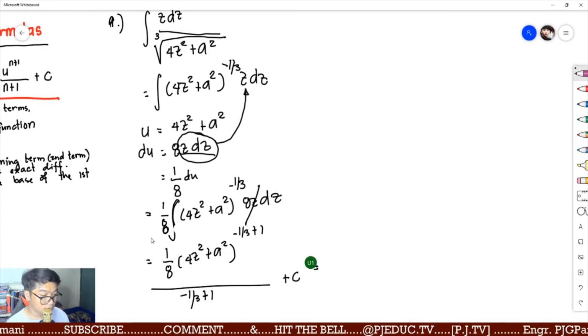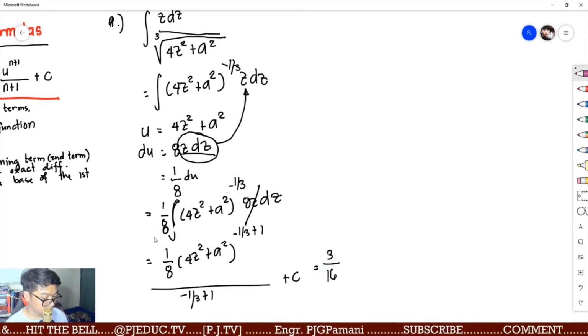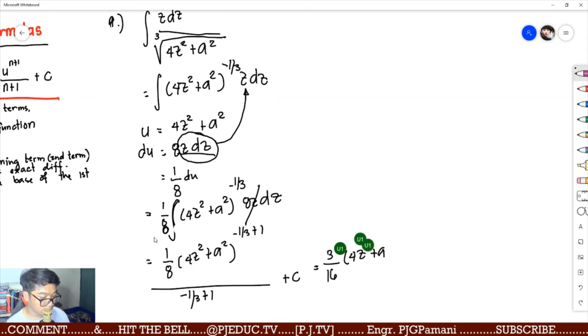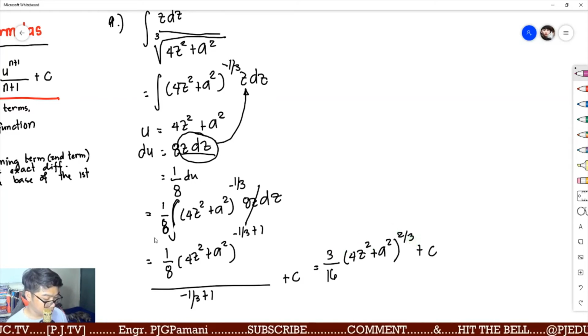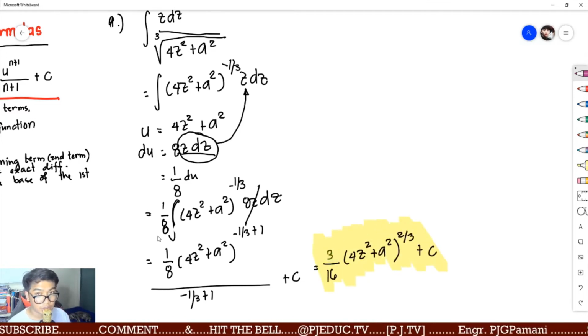Gives us equal now to 3/16. Negative 1/3 plus 1 is 2/3. 1/8 over 2/3 is 3/16. So 3/16 times 4z squared plus a squared raised to 2/3 plus c. Ito na yung ating final answer.